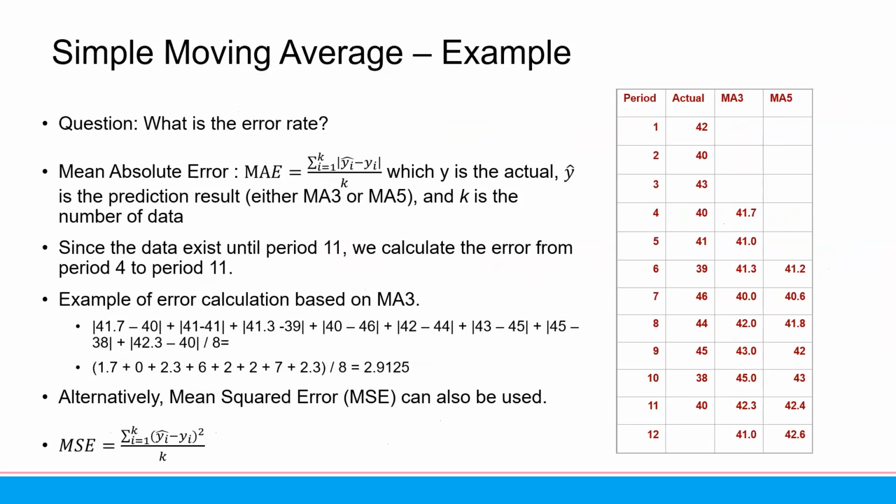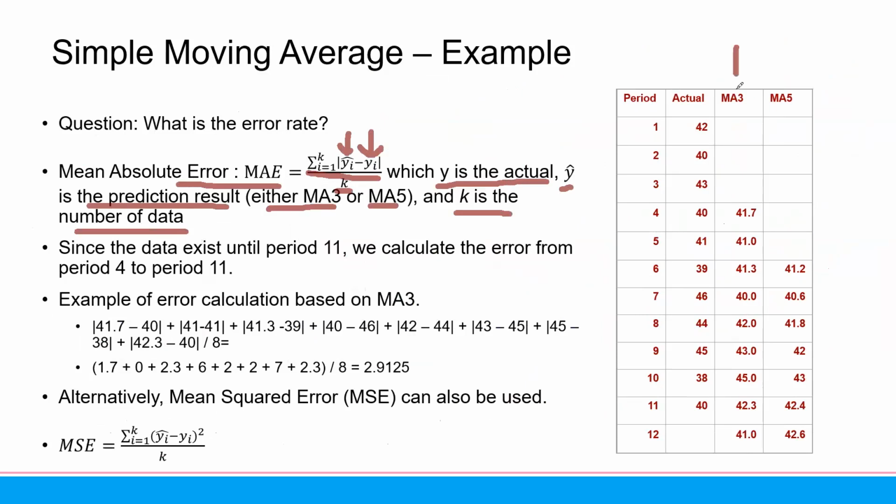So I can measure the MAE, which is the Y hat, it is the prediction, minus the actual. So Y is the actual and Y hat is the prediction result, either MA3 or MA5. And it will be divided by K. K is the number of the data. Okay.